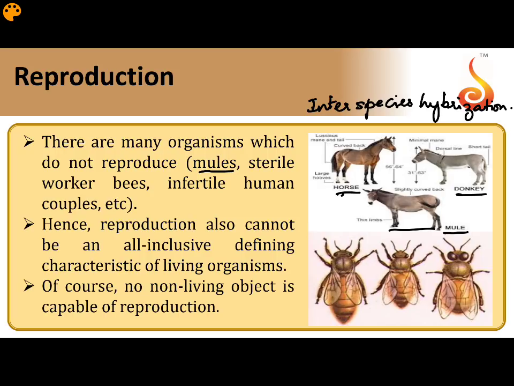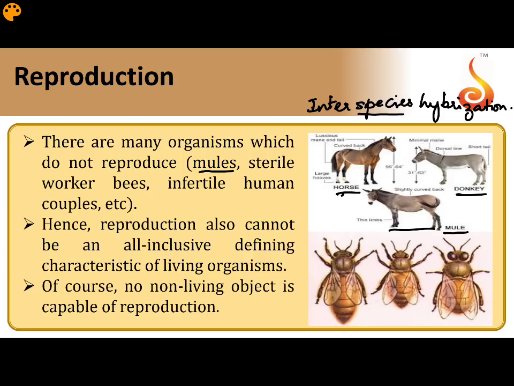Now, trying to define species again, we understand a species is a group of animals with similar characteristics that can interbreed and produce viable and fertile offspring.